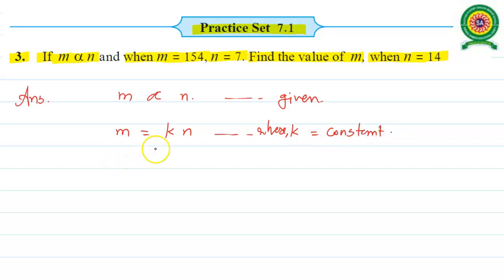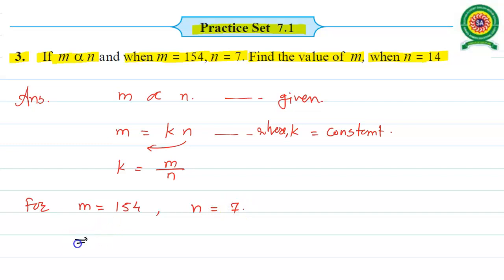Now for the value of k, let us shift n from RHS to LHS. After shifting, n is a multiplier, it becomes a divisor, so the k value is m divided by n. Now we are given for m equals 154, the value of n is 7.